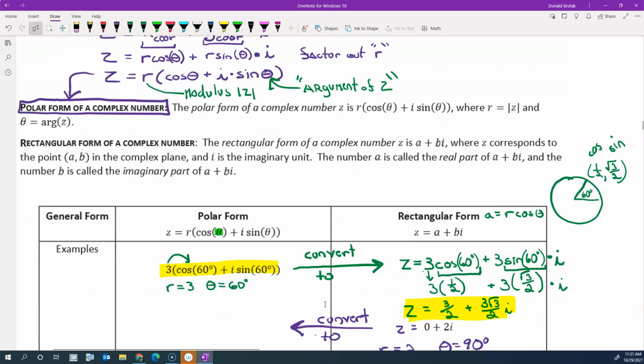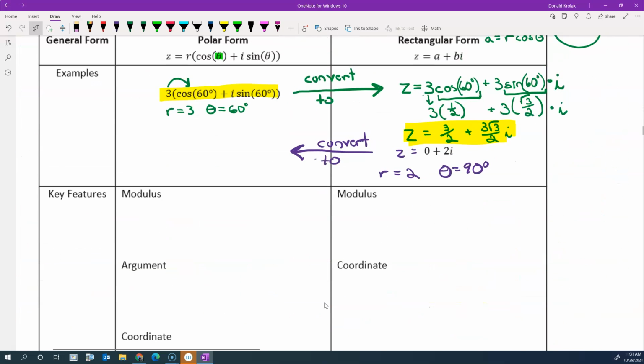All right? And now it's really simple to write in this form. So z equals, let's see, r is 2, parenthesis, cosine theta is 90, plus i sine theta is 90.